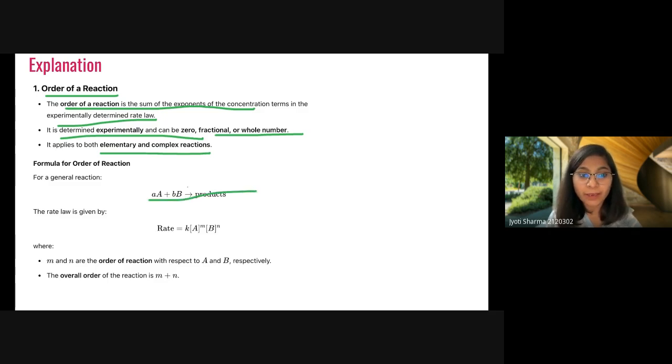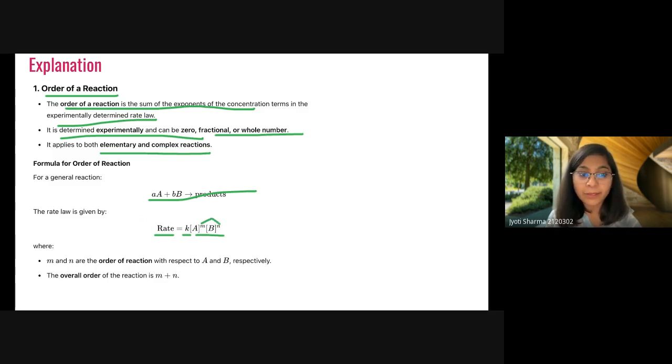For example, we have a, the small letter a, which is the stoichiometric coefficient, then one chemical species which is a reactant, so a plus b b is giving you the product. Here, for the rate law, rate is equal to k, a constant, times the concentration of the reactant raised to the power, and those powers are m and n.